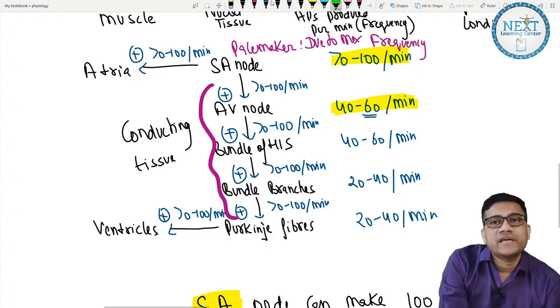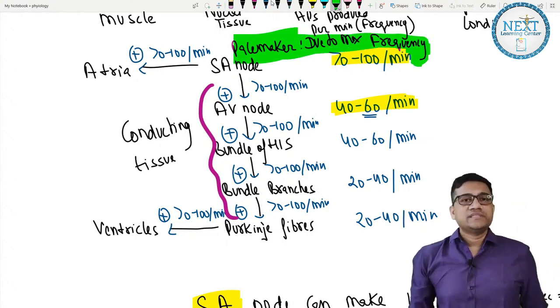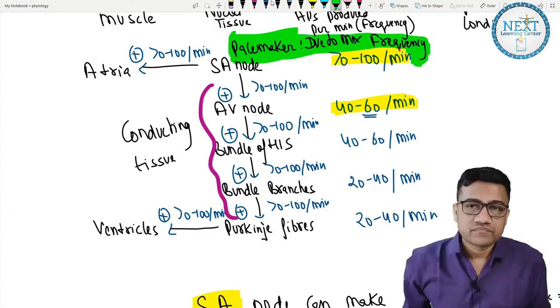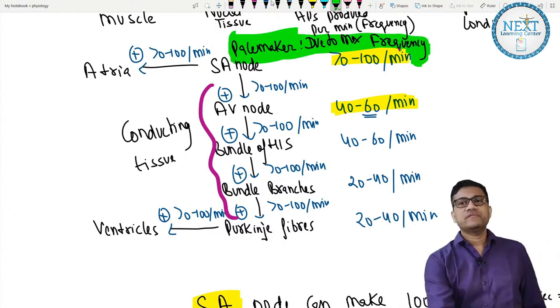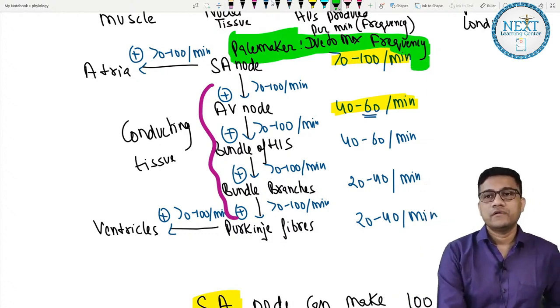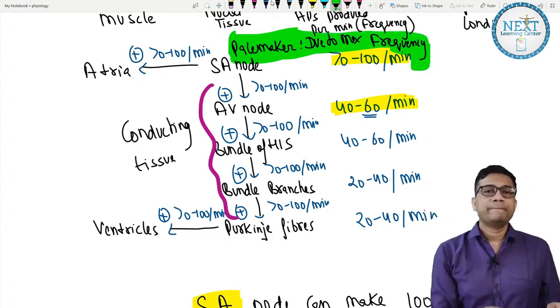And this is a clinical question, not just physiology related. No, this is a clinical point: why is SA node the pacemaker of the heart? The answer is because it has the highest frequency. Are you clear? I hope it is clear.